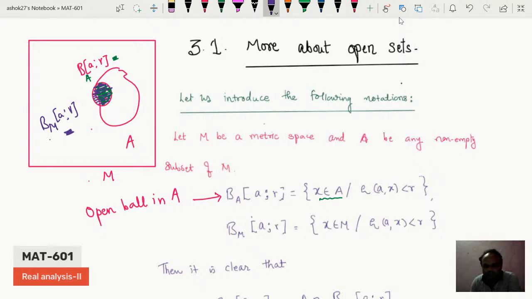It contains all x belonging to M whose distance from a is strictly less than r.